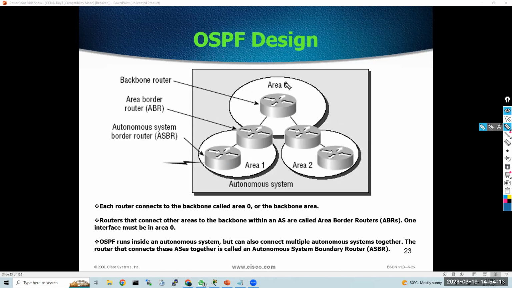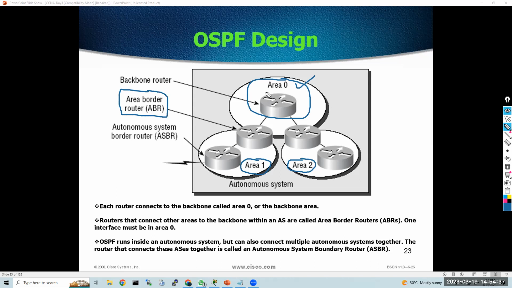So please understand, for OSPF, every OSPF configuration must have area 0. There might be more than one area, maybe 10, 20, 30, 40, 100, no problem. The router which is connected to the other area, we call it the area border router.